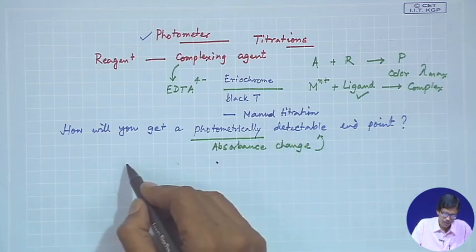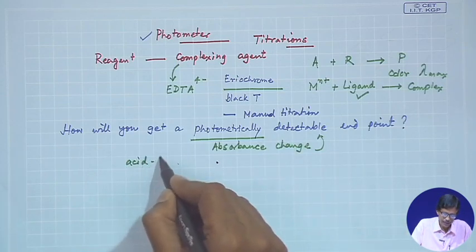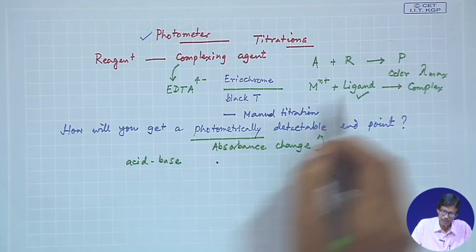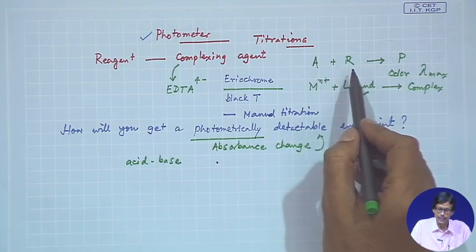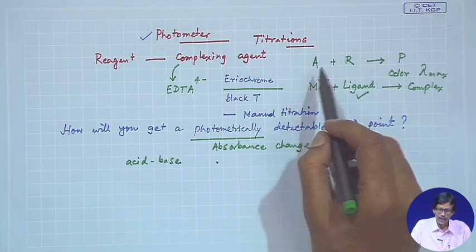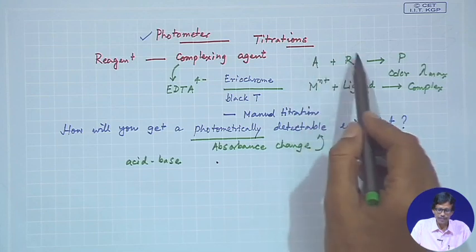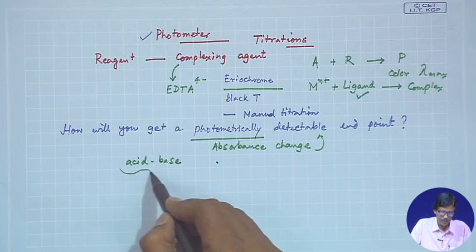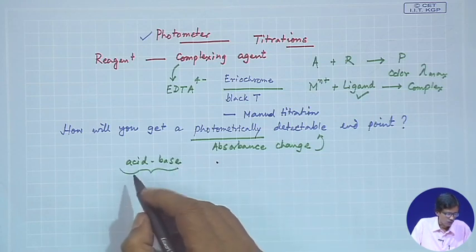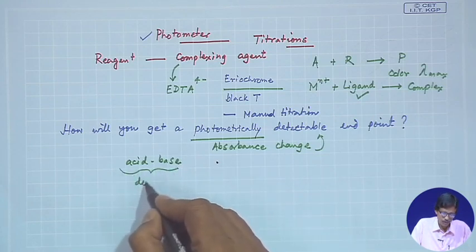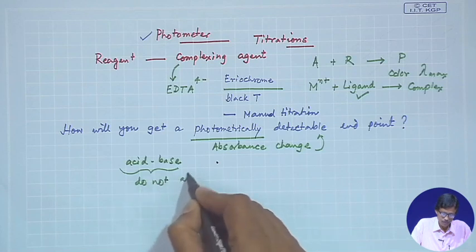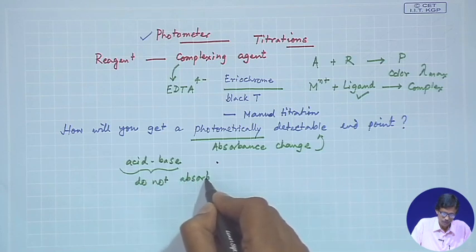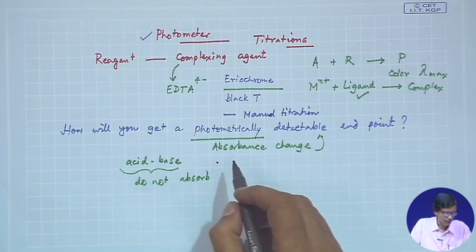So, in case of a simple acid base titration, where the reaction of analyte and reagent consumes the analyte, which is suppose your base, by the acid, we use some indicator. That means, for a simple acid base reaction, they do not absorb in the corresponding wavelength range.